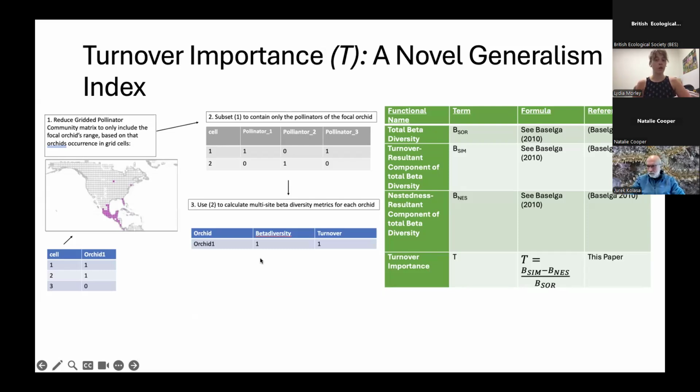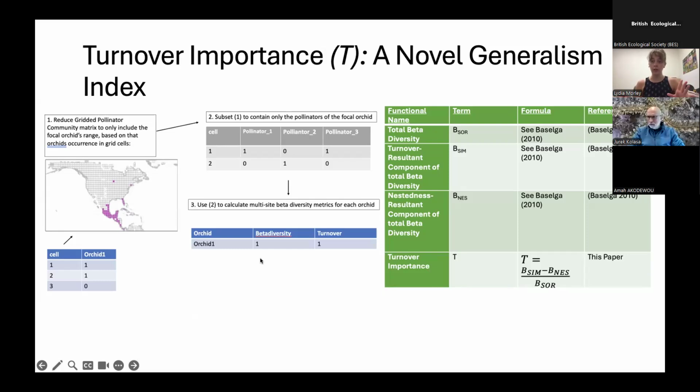From this, we derive turnover importance, or T, which is just the difference between the turnover and nestedness components of beta diversity divided by the total beta diversity score. And so this essentially just tells us the extent to which interactor turnover contributes more to a focal species' overall beta diversity score, while giving us some independence from total beta diversity. It gives us a standardized measure that ranges from -1 to 1.